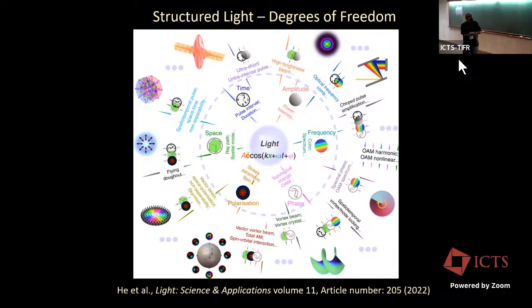What is of interest to this particular talk is to understand that you can now engineer the phase of the beam, and you can create beams which can carry topological signatures. For example, you can create laser beams, as I'm going to show in a few minutes, which can carry topological charges. So now you can create structured light which can carry topological information.